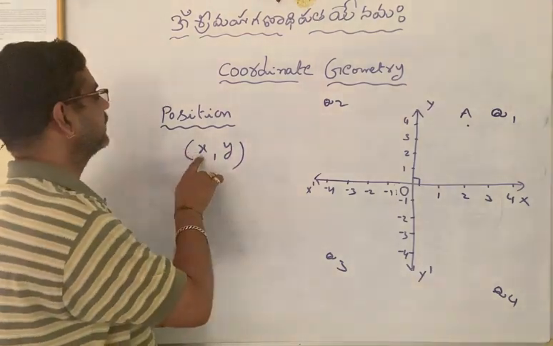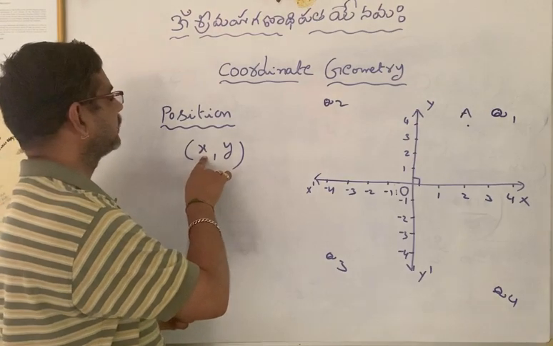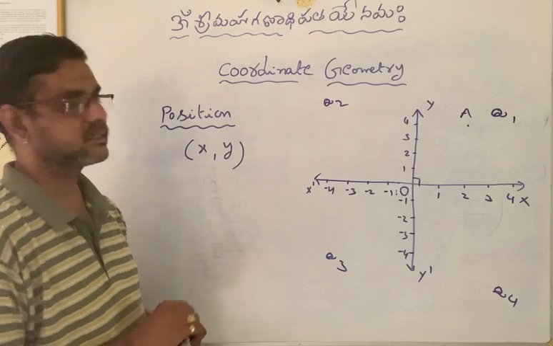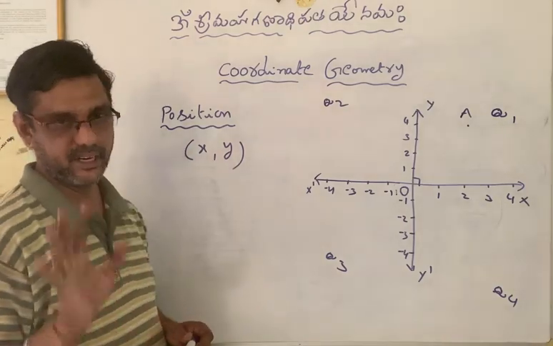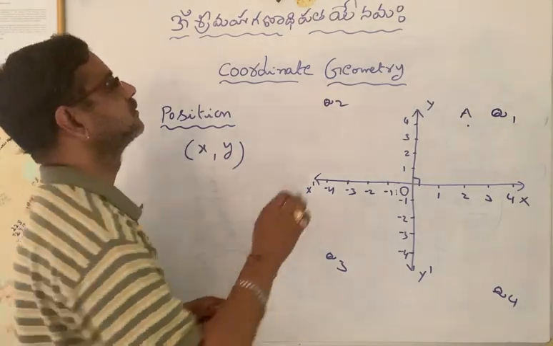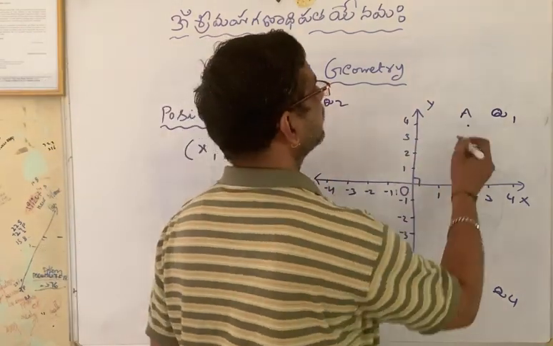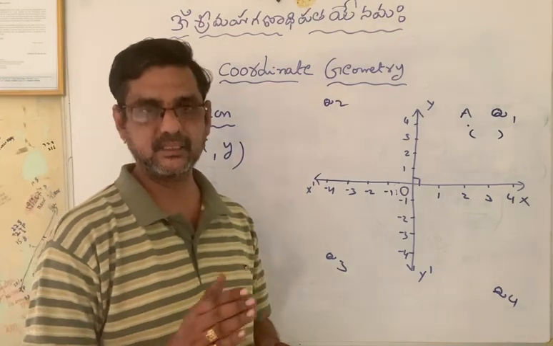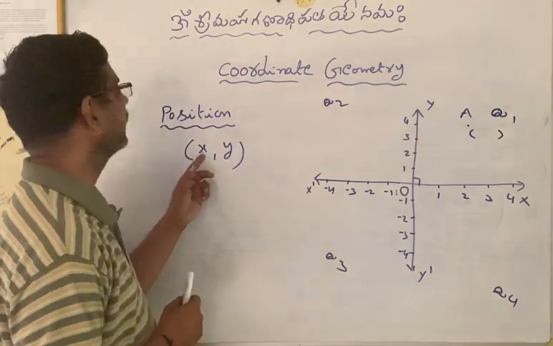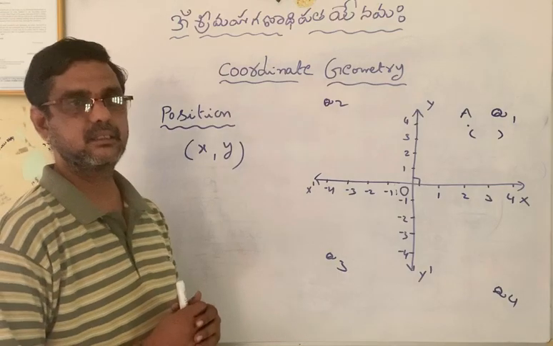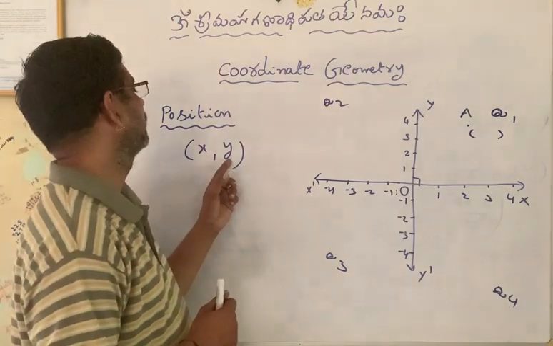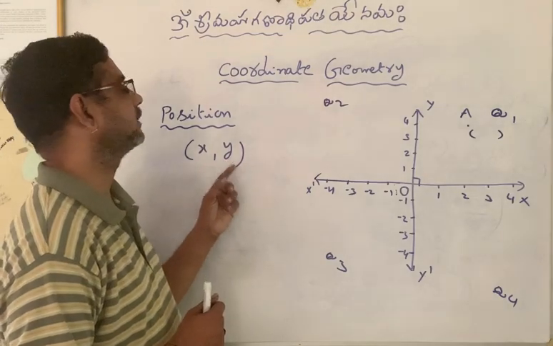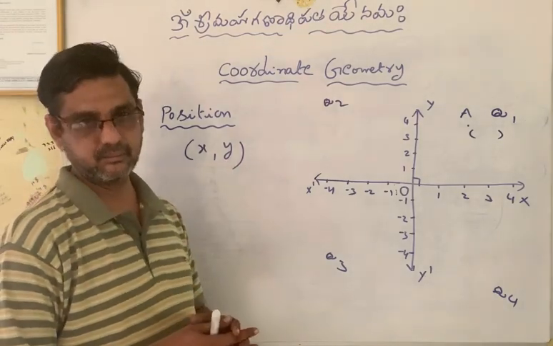The first number is called the x coordinate and this one is called the y coordinate. That means I have to tell how far this point is from the y axis, that is called the x coordinate, and how far point A is from the x axis, that is called the y coordinate.